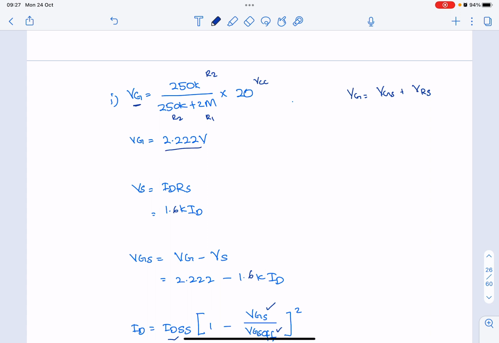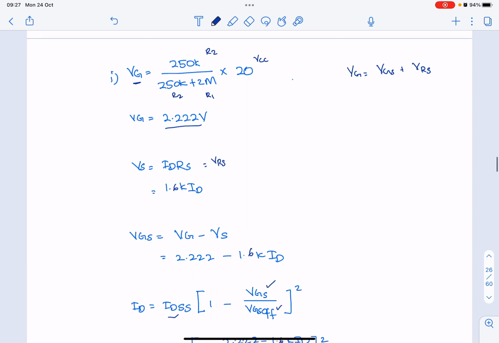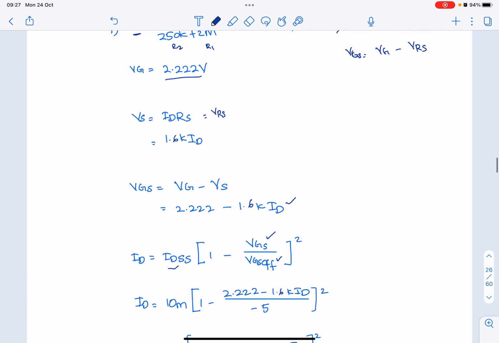And then VS is also equal to VRS. So VS is equal to IDRS. And then if you manipulate this equation, VGS is equal to VG minus VRS. So you get this equation for VGS, and then you can substitute it into the drain current equation.